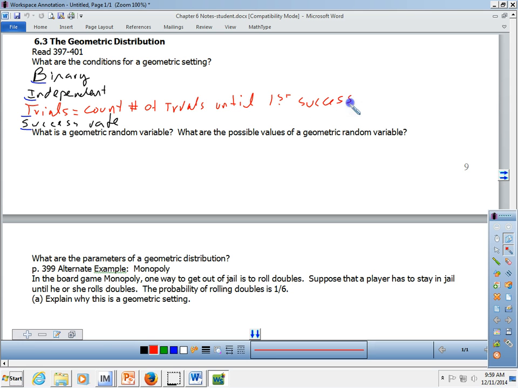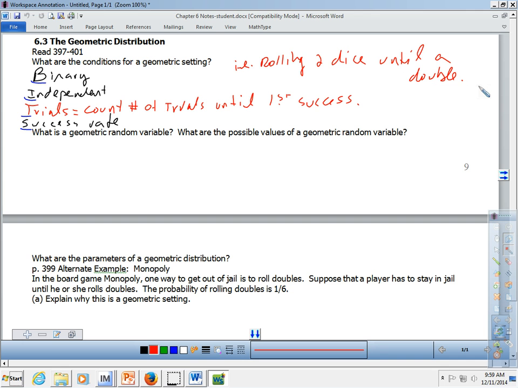So instead of rolling a pair of dice 4 times and counting the number of doubles you get, the geometric example would be rolling a pair of dice until you get a double. So an example here would be rolling 2 dice until a double shows up.